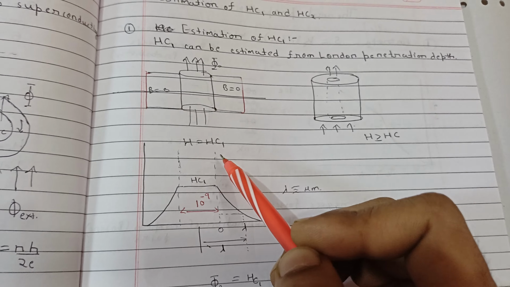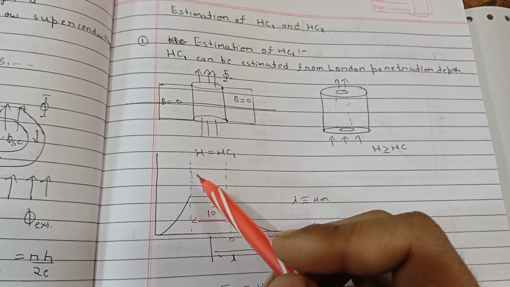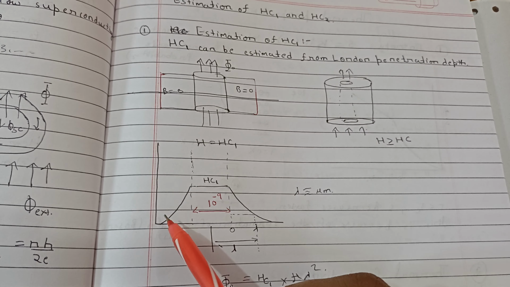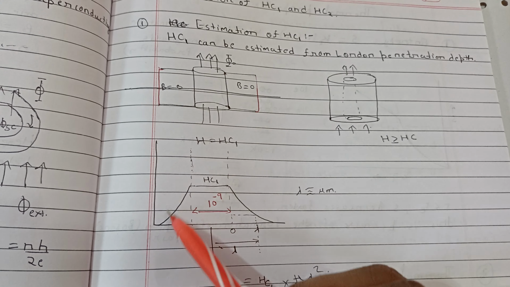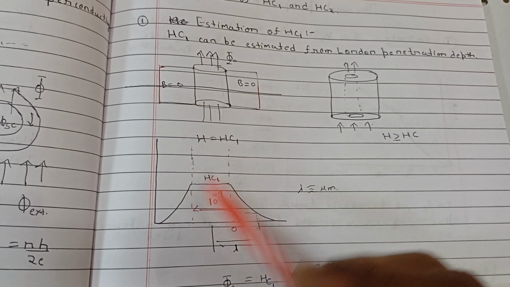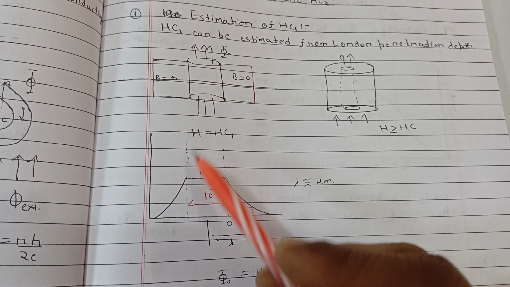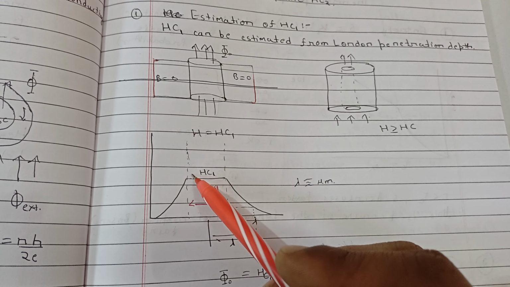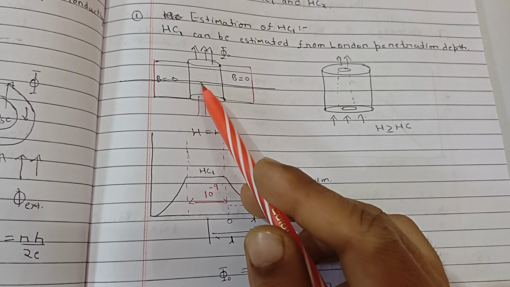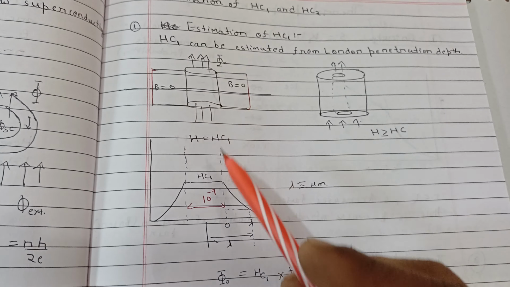Okay, so we will represent the field as this. If we represent it here, then we will see that it is 0 here, 0 here, 0 here, but as we reach towards the vortex, it starts increasing, and inside the vortex it is HC1.